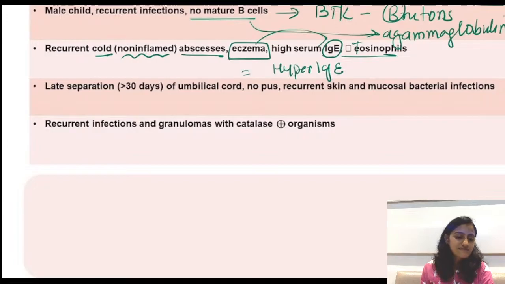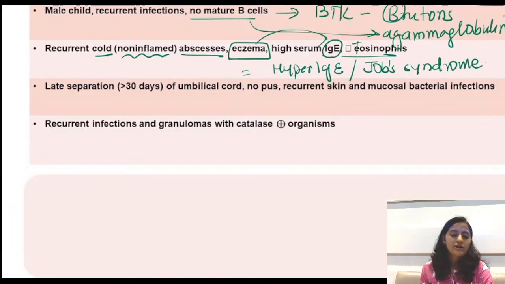As the term itself says, it is increased serum IgE. This is hyper IgE, which is also called Job syndrome. So remember, E for eczema, E for IgE, E for eosinophils increased. And remember, there will be a history of recurrent cold abscesses there.